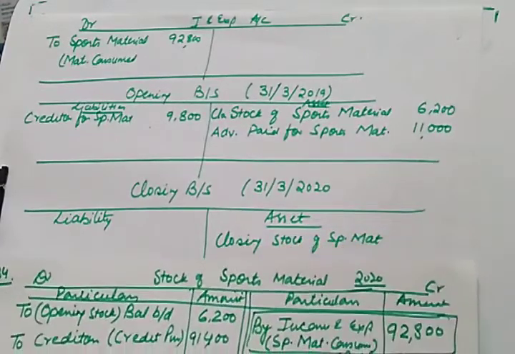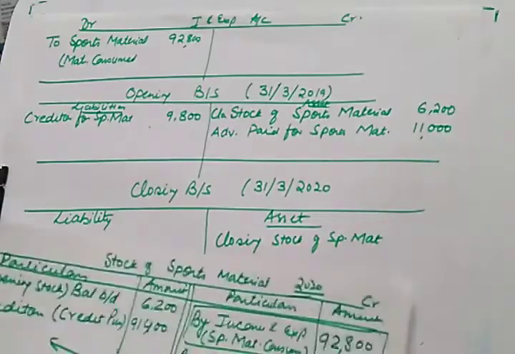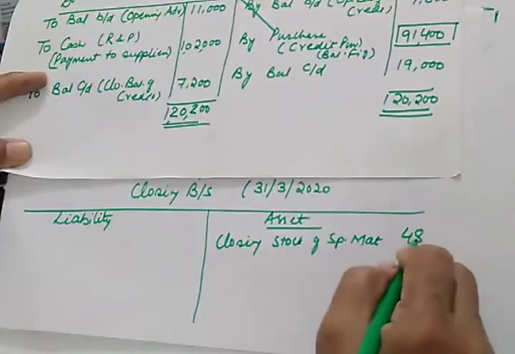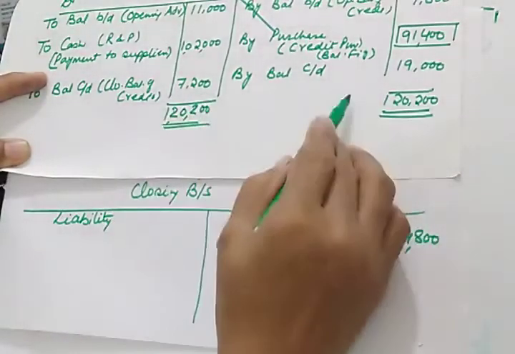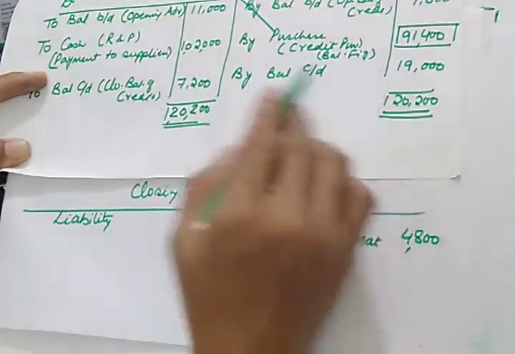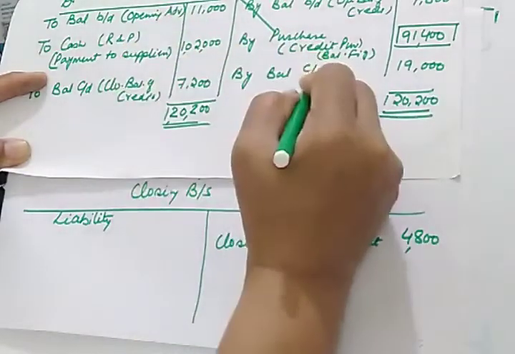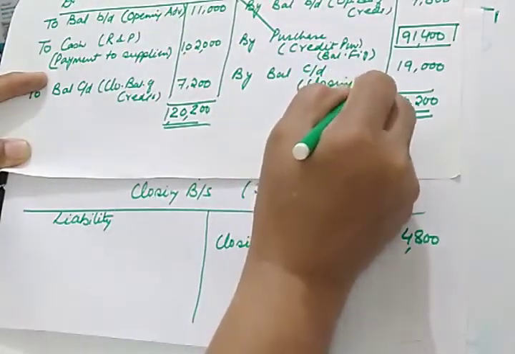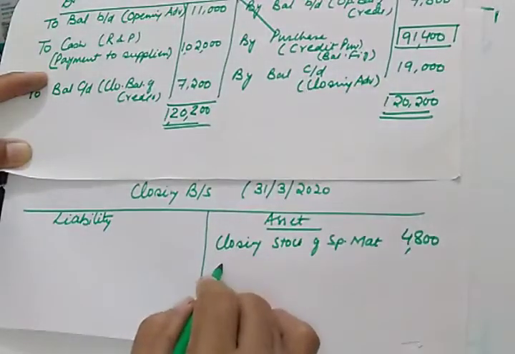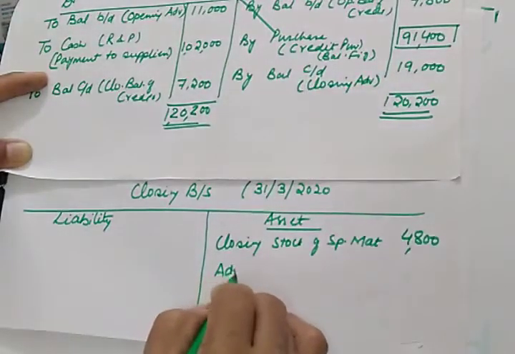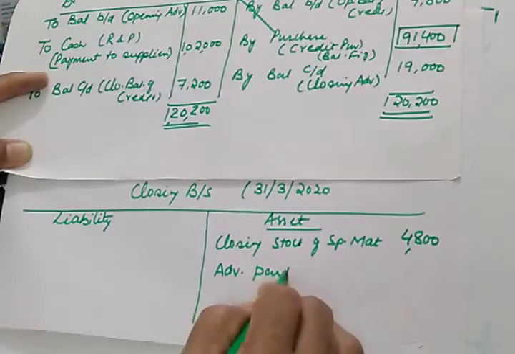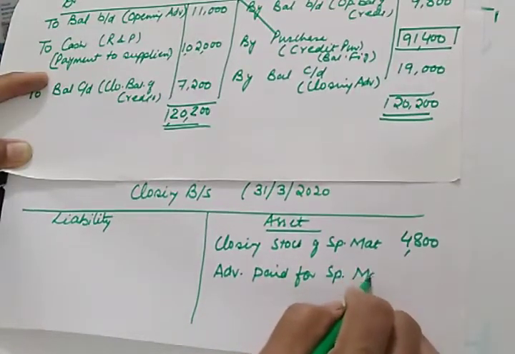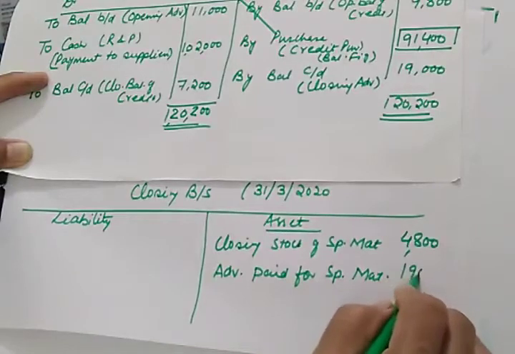It is given to me as 4,800. Likewise, advance at the end. This was opening advance, this is closing advance. So advance paid for sports material at the end of the year is 19,000.